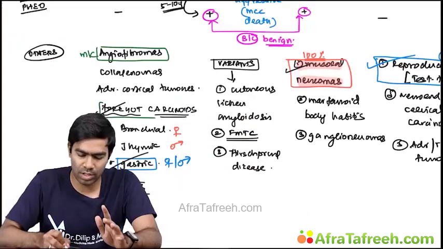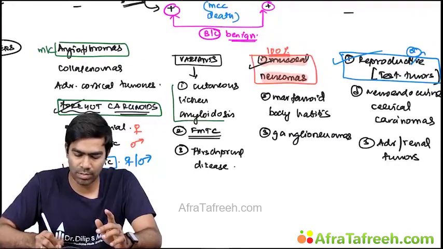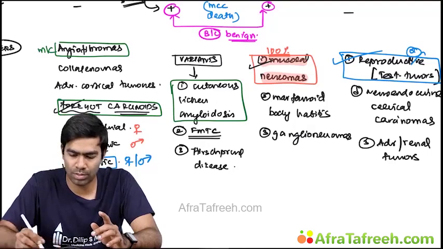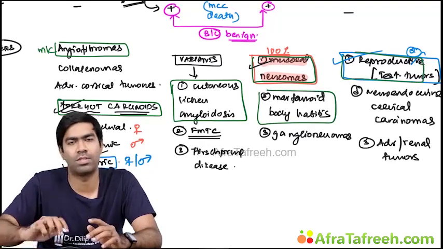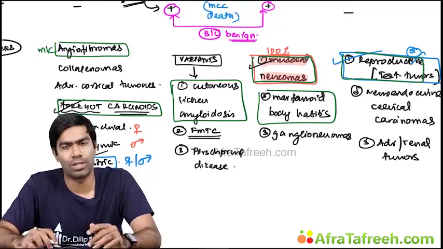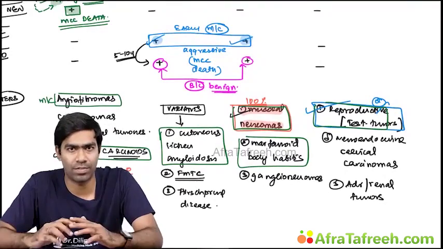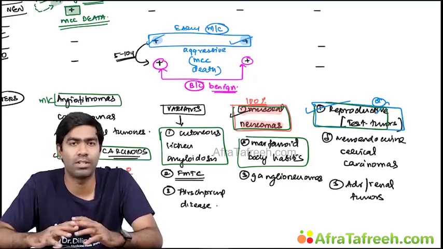Among extraendocrine features, the most important to remember are foregut carcinoids for MEN1, cutaneous lichen amyloidosis for MEN2A, mucosal neuromas and Marfanoid body habitus for MEN2B, and testicular tumors for MEN4 syndrome. Do you understand? Yes. So these are the different extraendocrine features that you have to remember for the different MEN syndromes.